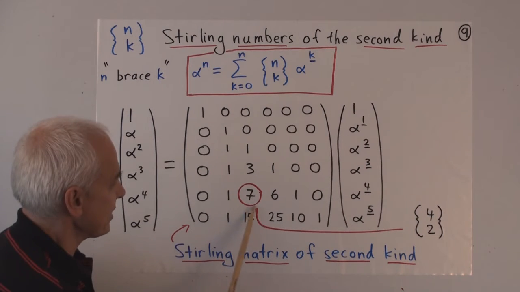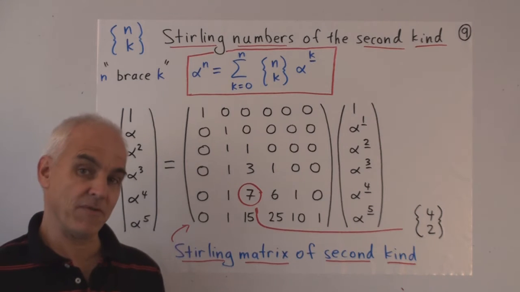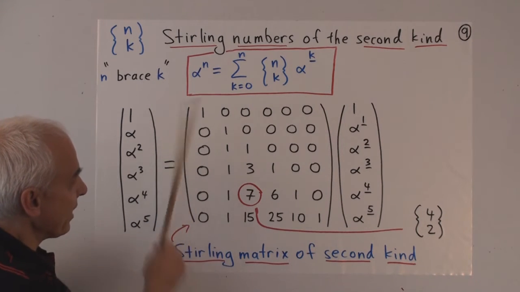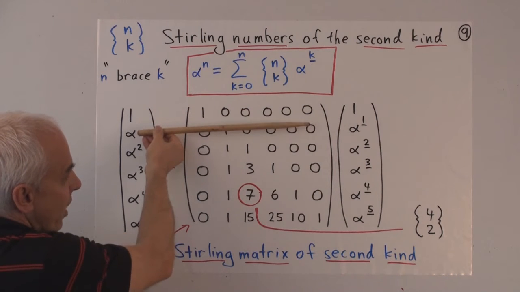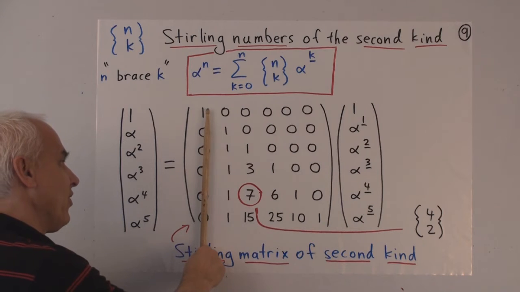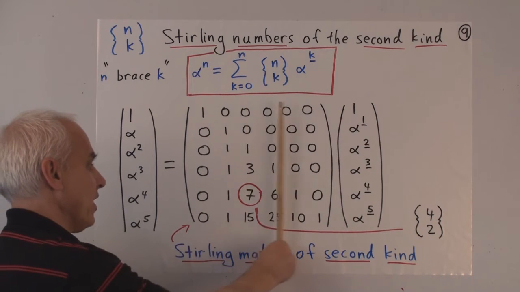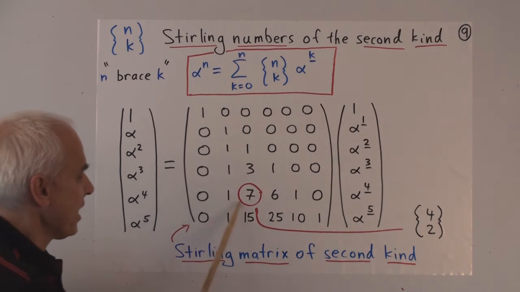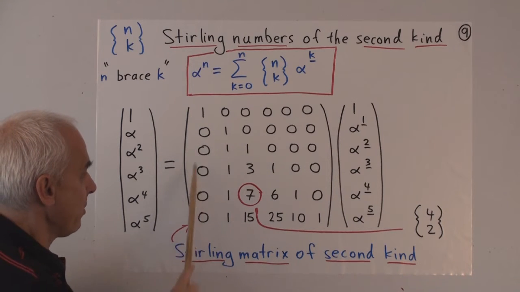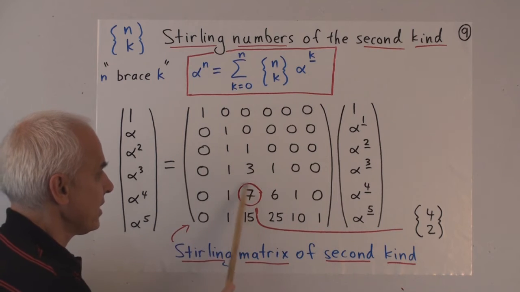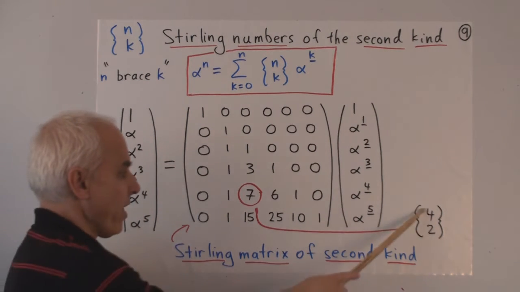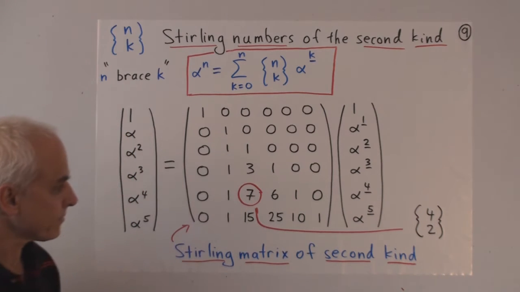And our notation is the same as it was for the Stirling numbers of the first kind. We index our rows by 0 first, and then 1, 2, 3, and so on. And similarly, the columns indexed by 0 first, then 1, 2, 3, and so on. So this element here, being in the row indexed by 4 and the column indexed by 2, is the 4 brace 2 term. So 4 brace 2 is equal to 7.